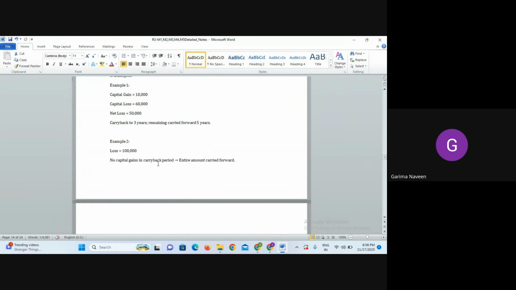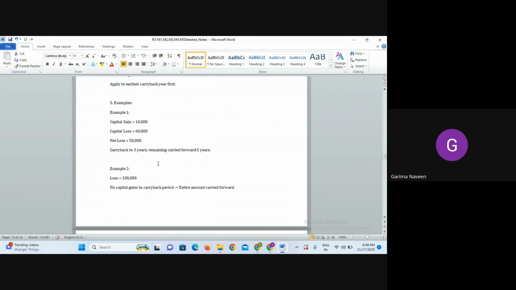But for a C corporation, you can't deduct any excess losses from other income. Okay, any doubt? No, ma'am.